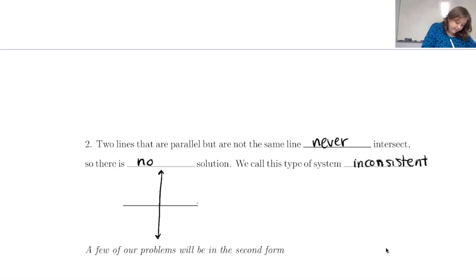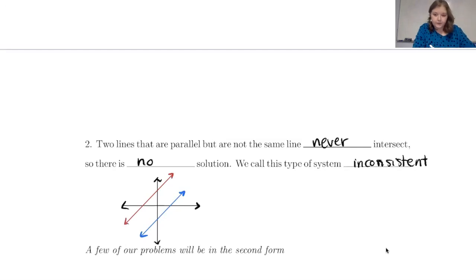So if we have our Cartesian plane set up, and we had 2 lines, line number 1 and line number 2, that are parallel, but are not the same line, then we see that they never meet each other. And since they never meet each other, they have no solution, no crossing.